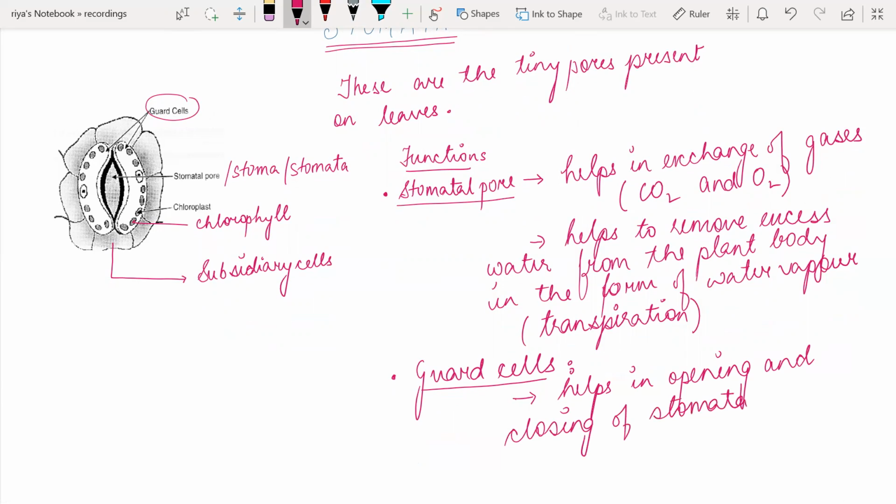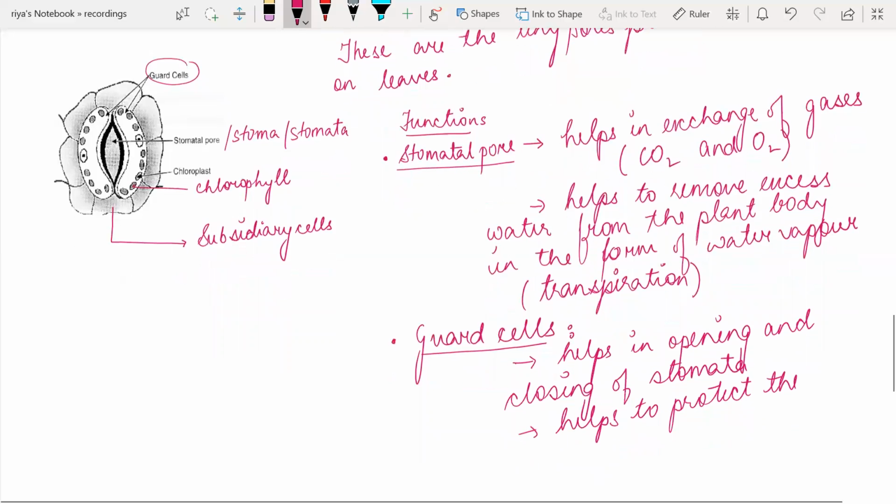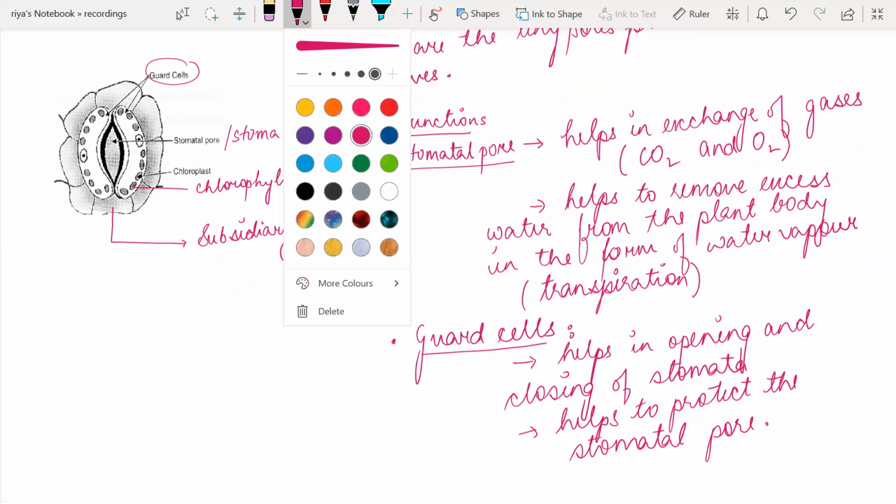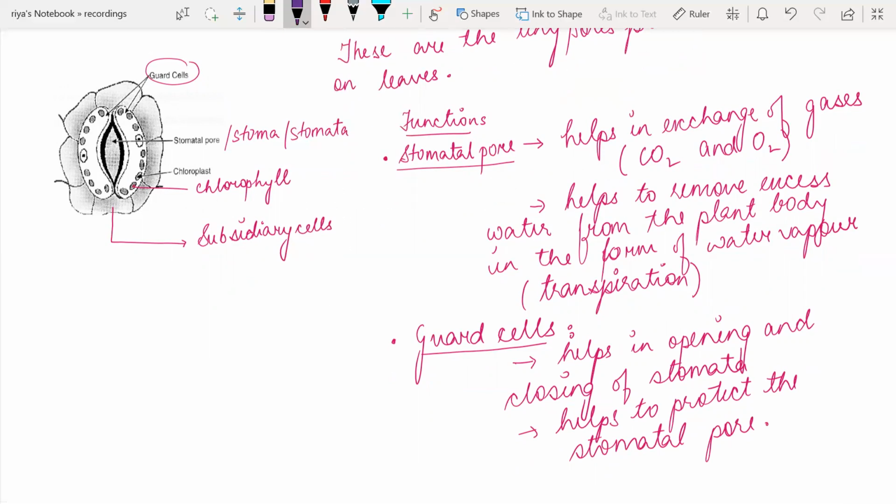Besides this, it also helps to protect the stomatal pore. Then we have done the function of guard cell. We have done the function of stomata.